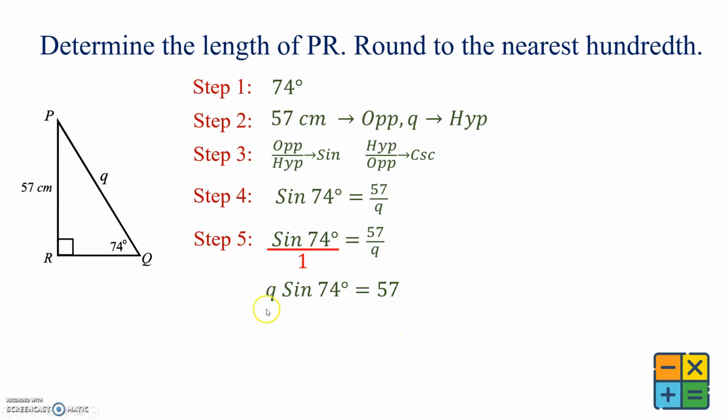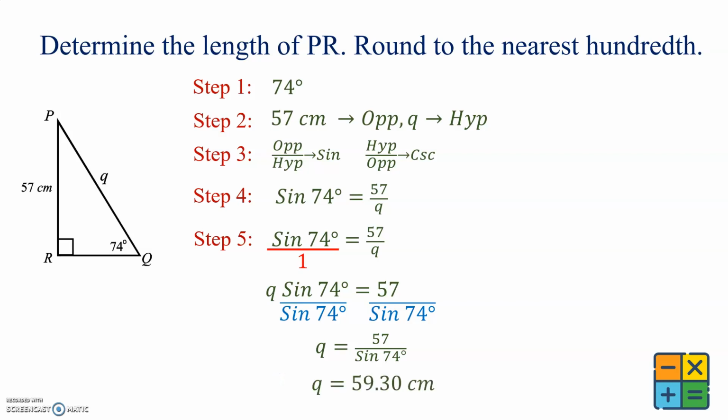The benefit now is Q is being multiplied by sine 74, so we'll simply divide sine 74 on both sides. The sine 74 is canceled. Now I have something to type into the calculator. 57 over sine 74 gives me an answer of 59.30, rounded to the nearest hundredth.